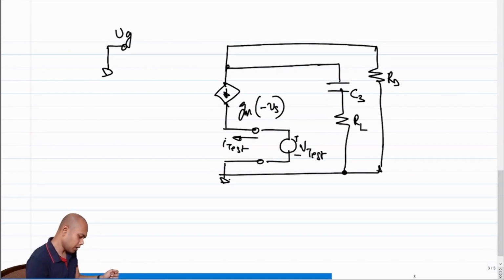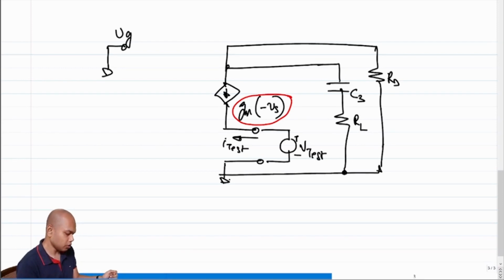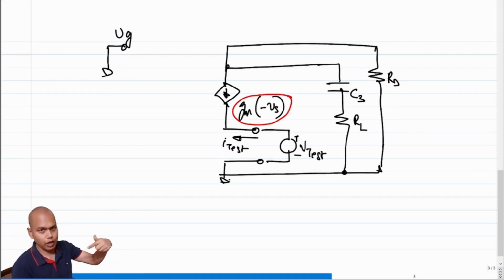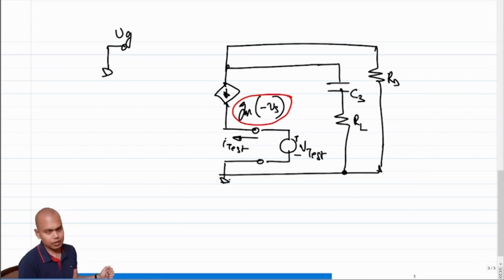So now you notice that here we have the current source Gm times minus Vs pointing downwards. Negative is something we are not particularly good at handling, at least for intuition purposes. What I'll do is make it Gm times Vs and flip the direction of the current. Okay, so let's do that.